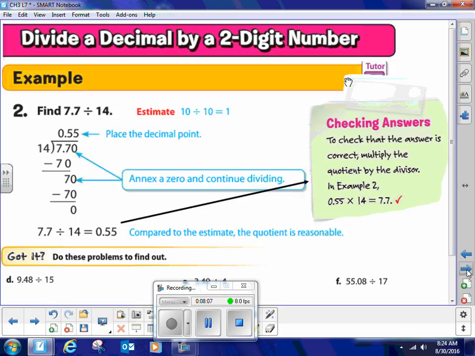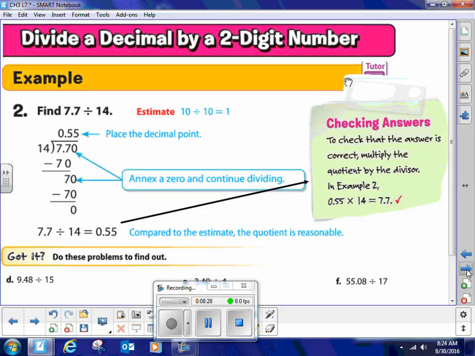All right. Divide a decimal by a 2-digit number. So here's when we're going to start writing our numbers. Here they want you to find what 7.7 divided by 14 is. The estimate they have over there is 10 divided by 10 equals 1. Well, that's fine.